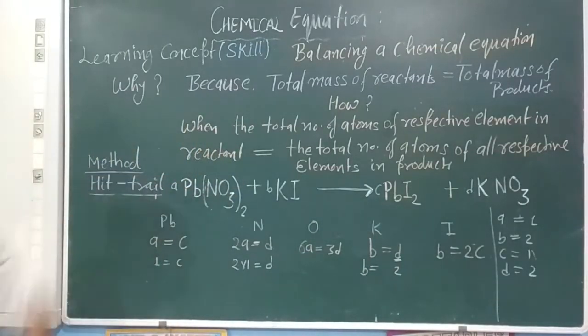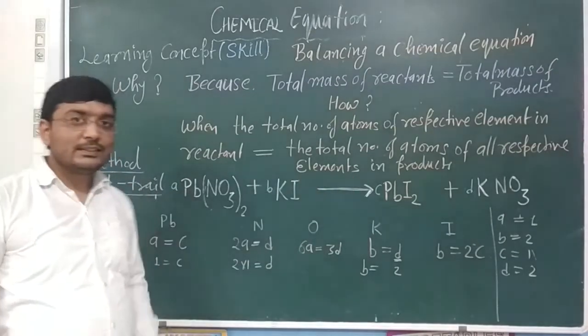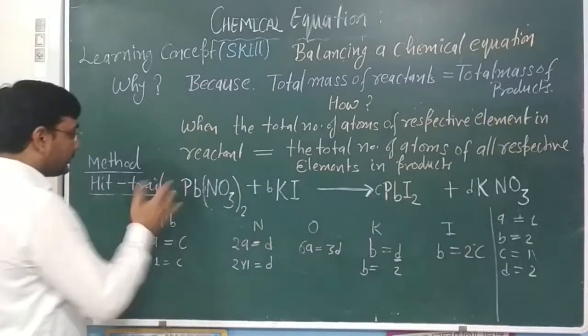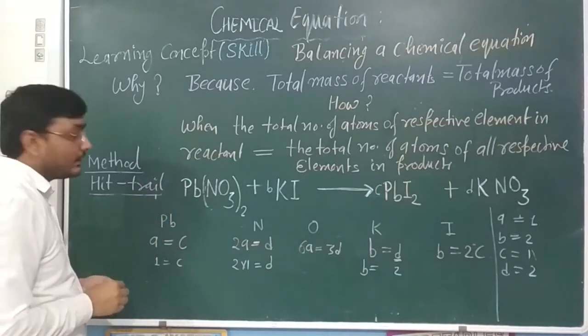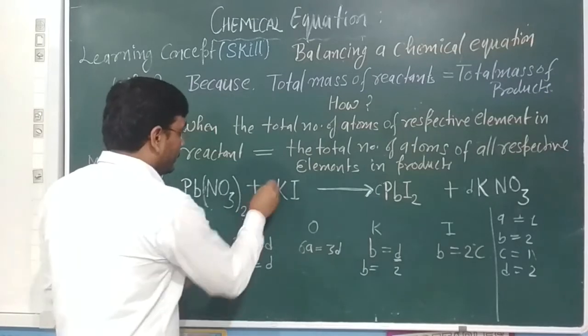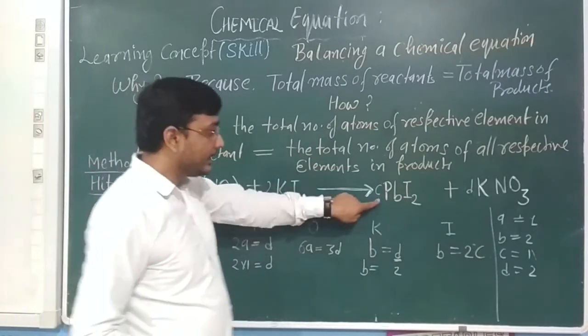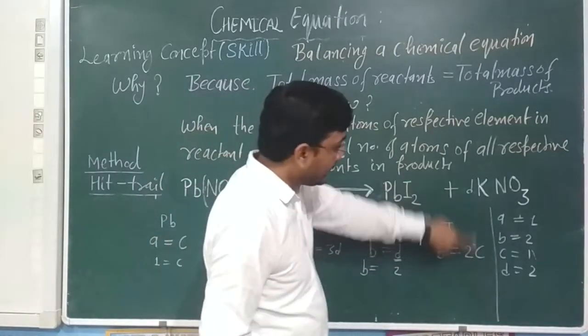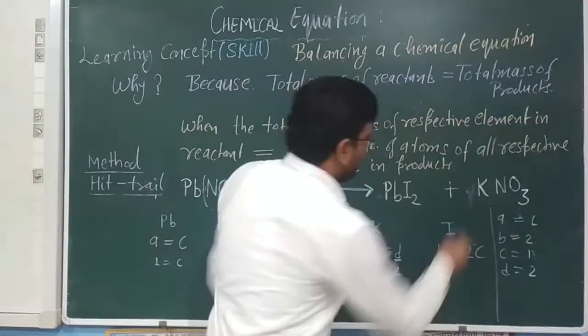Now we have the values of A, B, C, D. A is 1, generally we do not write 1. B is 2. C is 1, generally we do not write 1. D is 2.